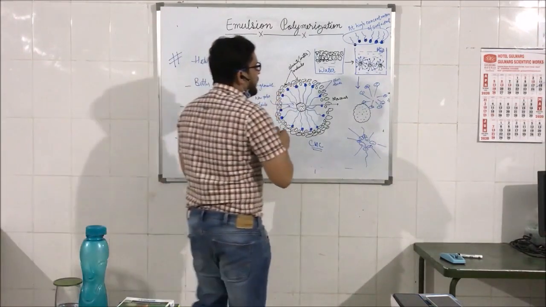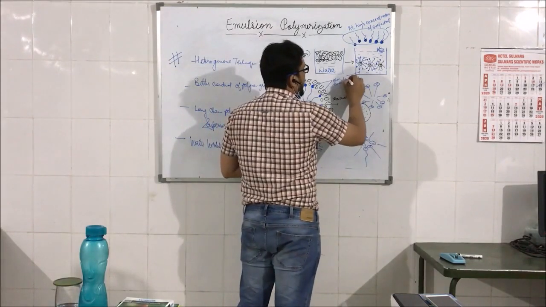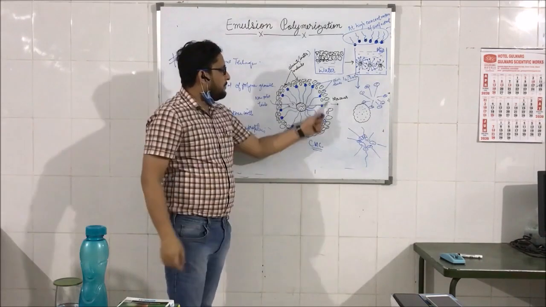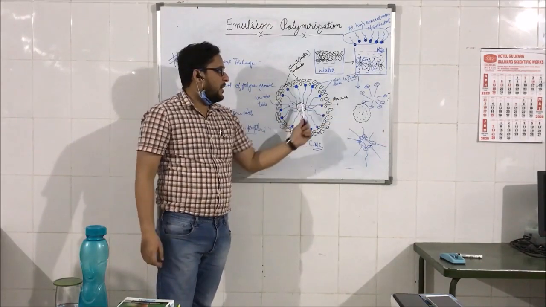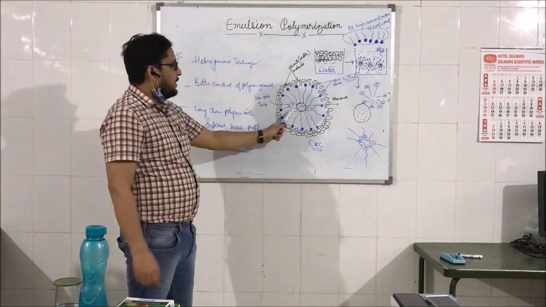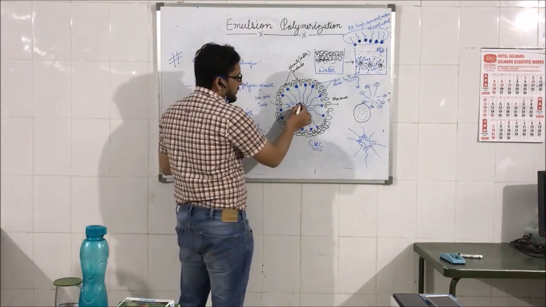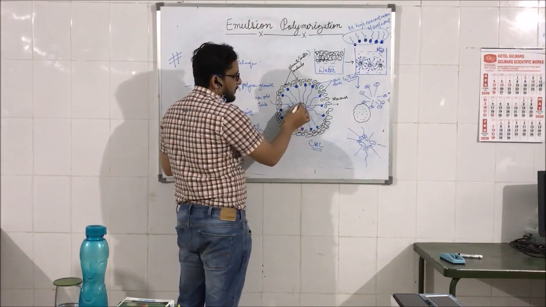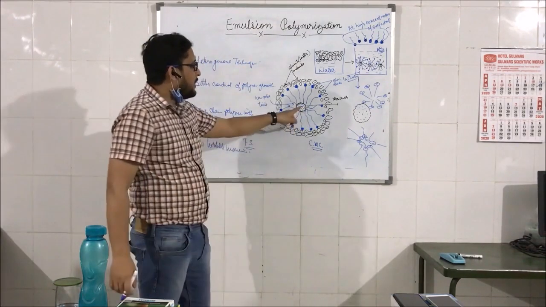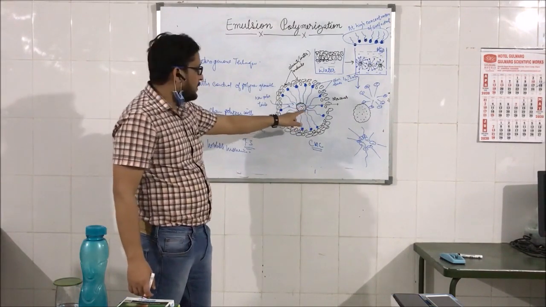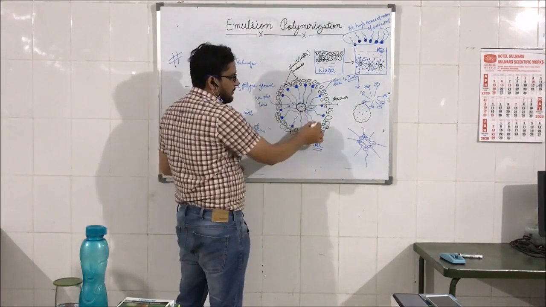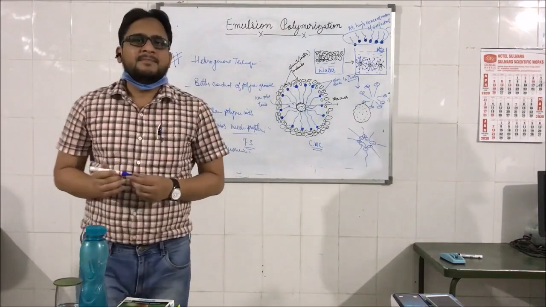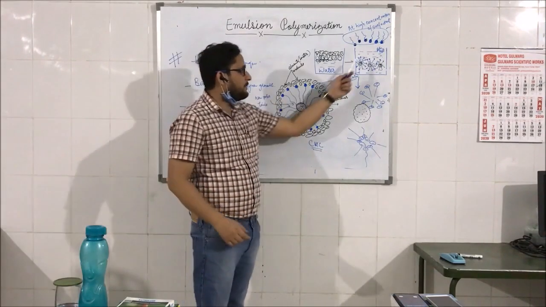Let us look at what happens when initiators are added. Here an enlarged version of the micelle is presented. You can see this is the center of the micelle, where we have a droplet of monomer having a large number of monomer molecules, while towards the polar head we have water molecules, because water is the solvent here.